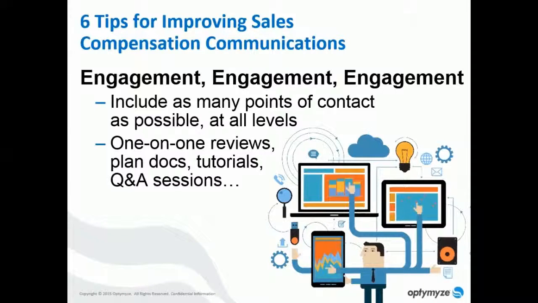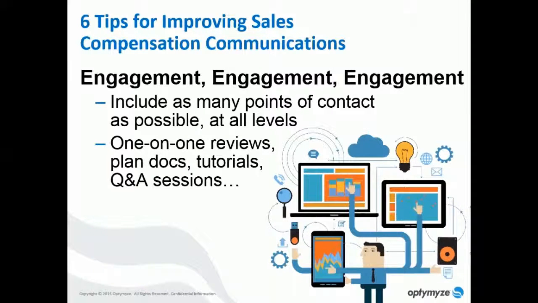Adopt a multi pronged approach, something that helps you increase the number of contact points between your compensation plan and your sales organization. This can include the plan documents, which are a must as a reference point for the field during your plan year.